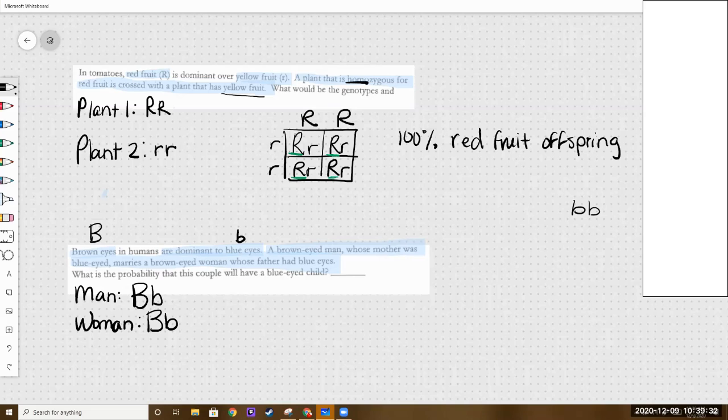So when we do the cross, we have the man on top. Let me put him in blue. Now we have the woman on the bottom. Or the side, I'm sorry. And then we're just going to combine them. It doesn't matter in this case which one goes first.